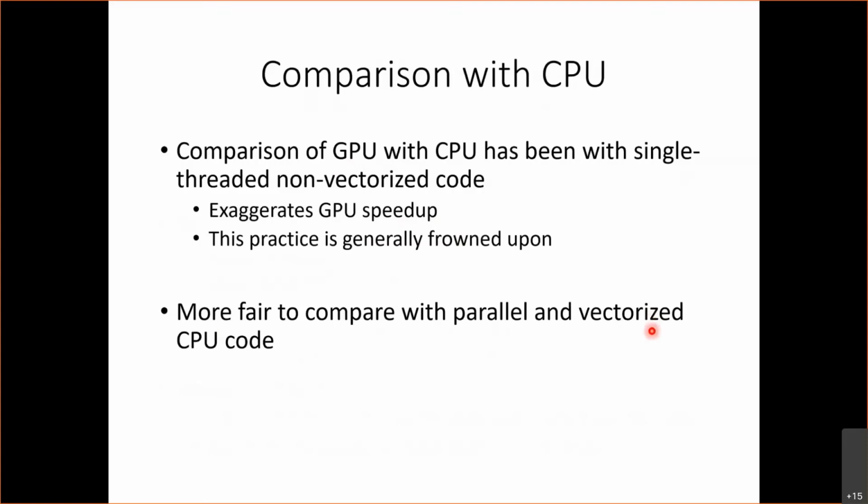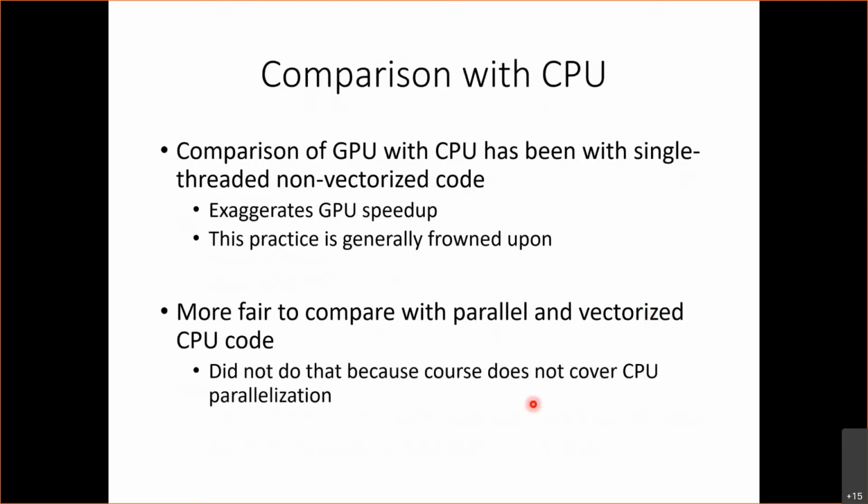We did not do this in the course because the objective of the course is not to focus on CPU parallelization, it's to focus on GPU parallelization. So I didn't want to trouble you with parallel computing on the CPU as well. This is something you can cover in another course. Perhaps you've taken one before this course, or you might take one after.